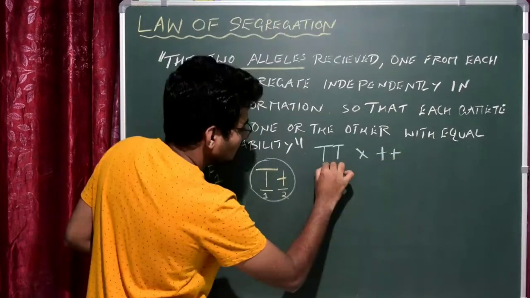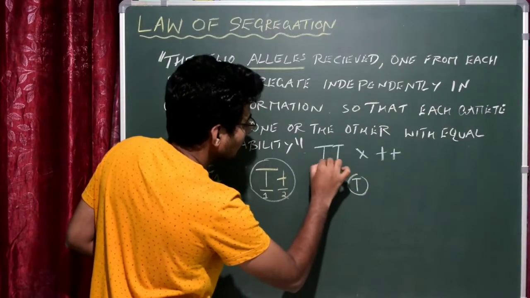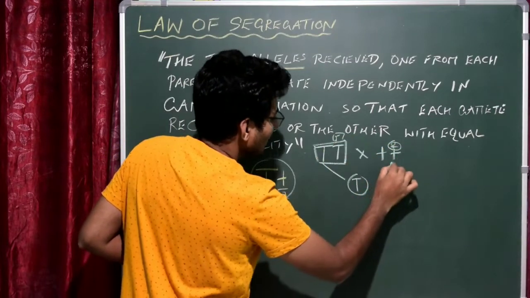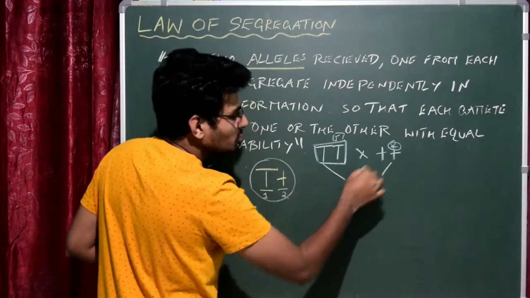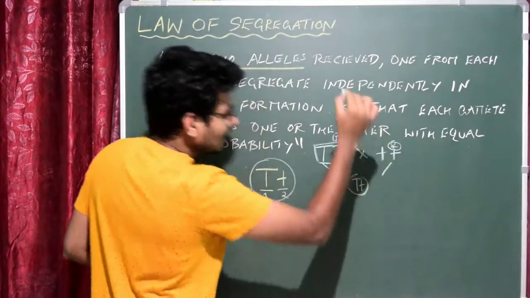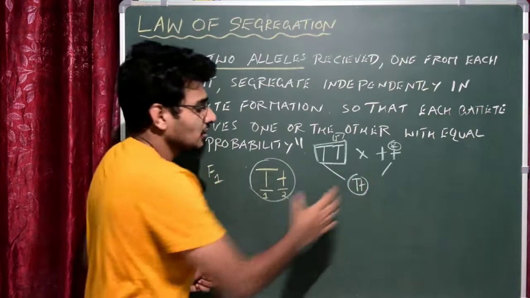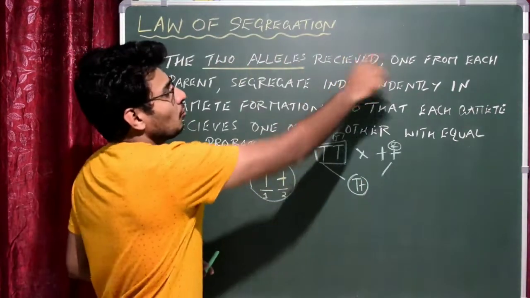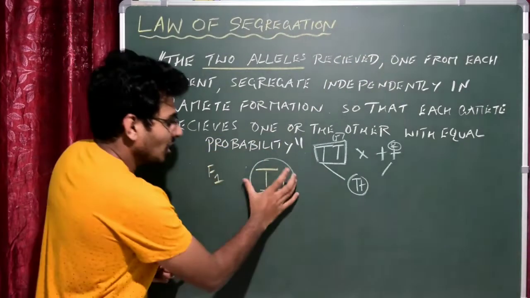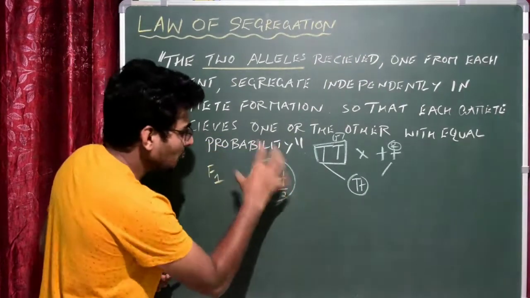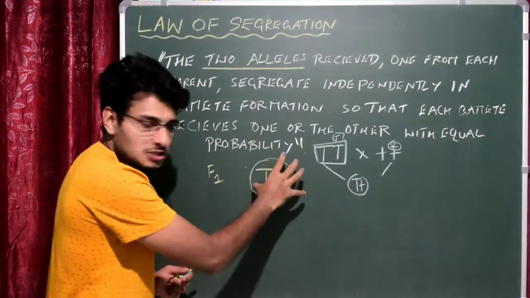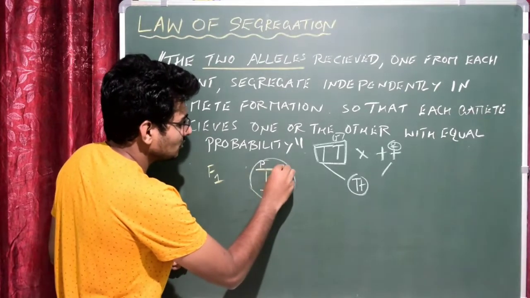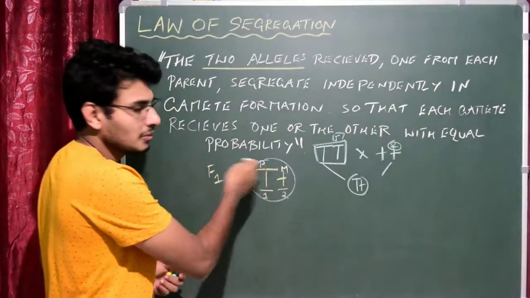Let us take this as male and this as female, and the other allele is received from the other parent. Ultimately they combine during zygote formation because of the fertilization process. That's what I said, the two alleles received, one from each parent, which are now in a hybrid, a heterozygous plant. This is the paternal allele, given by the father, and this is the maternal allele, given by the mother.